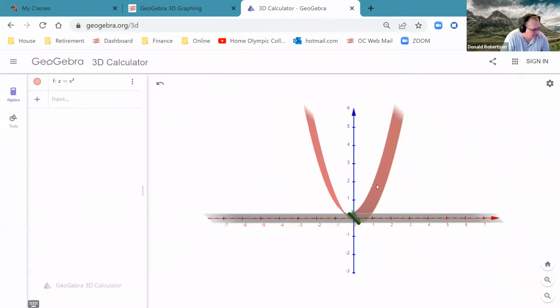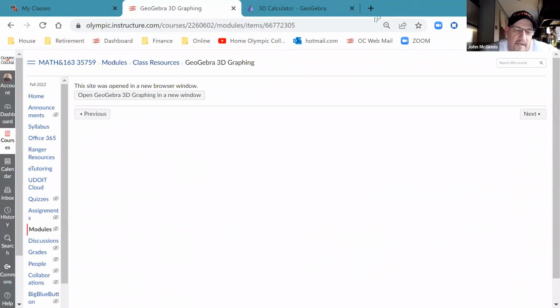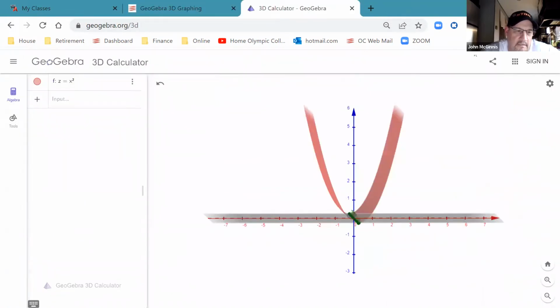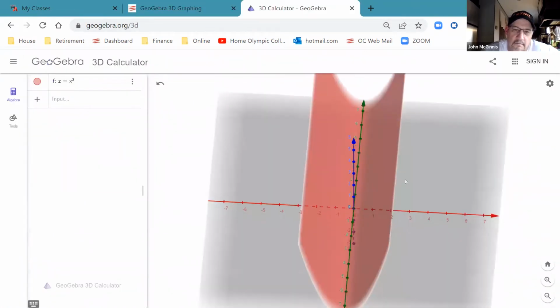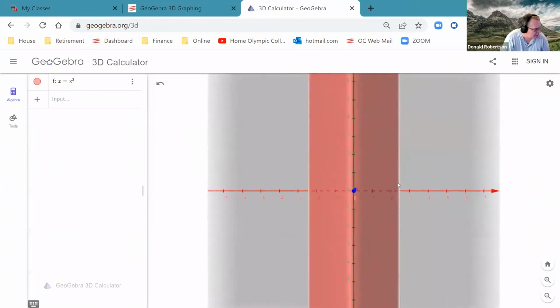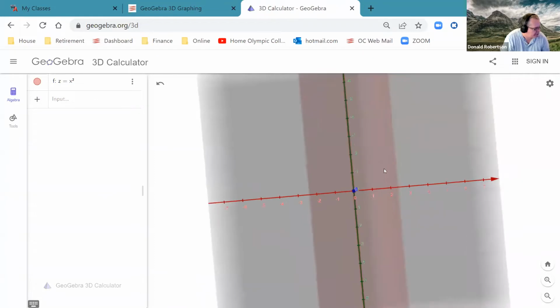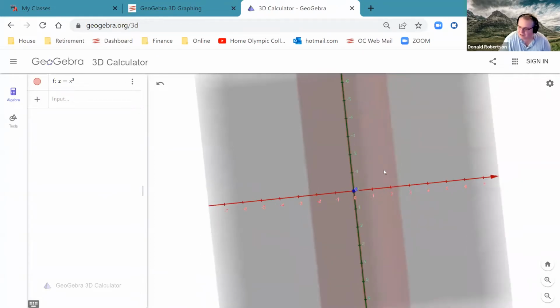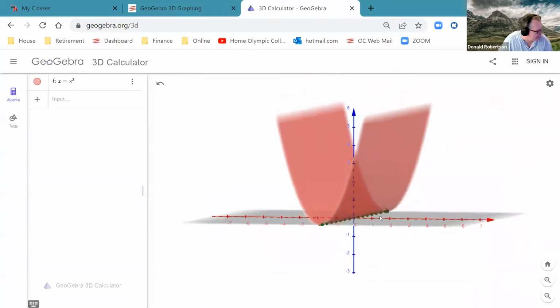If you turn it a little bit, you can see the quadratic. If you laid it out flat, it looked like a rectangle too. If you look at it from underneath, it looks like a rectangle as well. GeoGebra gives you a lot of views.